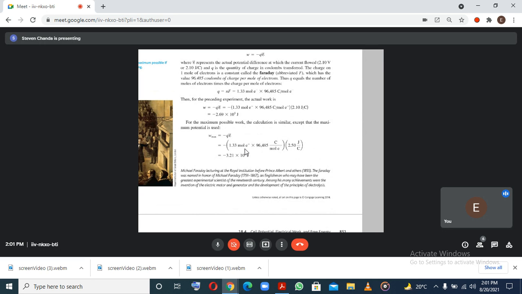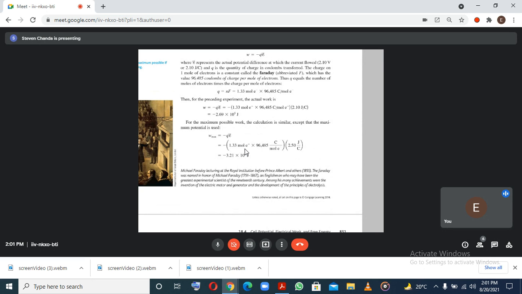Now the charge on one mole of electrons is a constant called Faraday. We know that electrons are going to be a lot, and so you can't count one electron, two electrons, three electrons. Like we were doing for stoichiometry, we look at them in terms of moles.